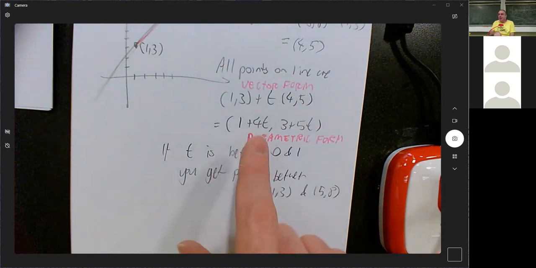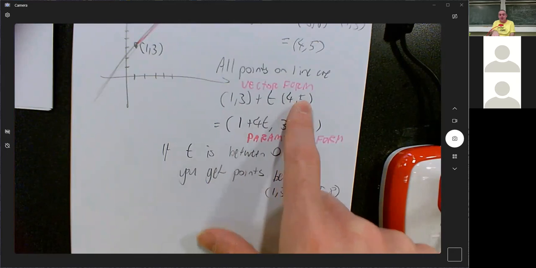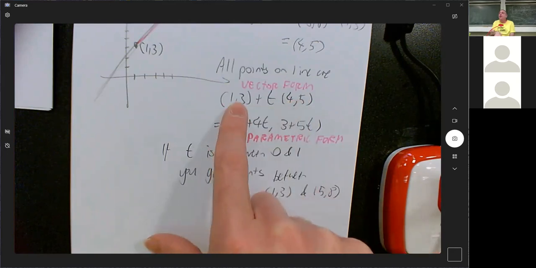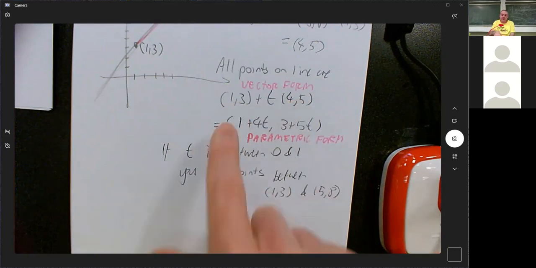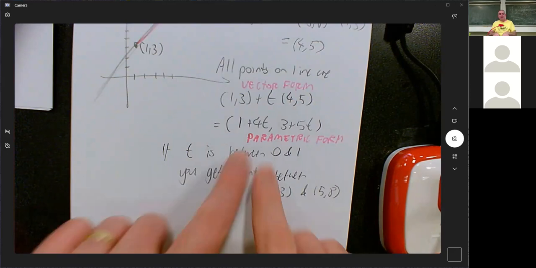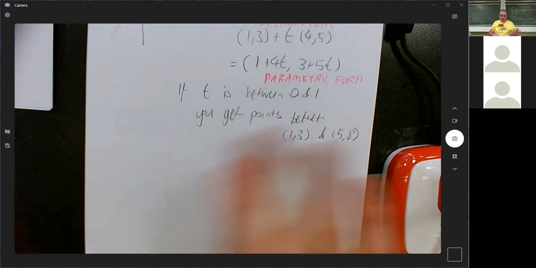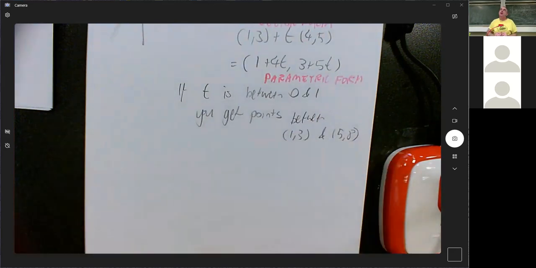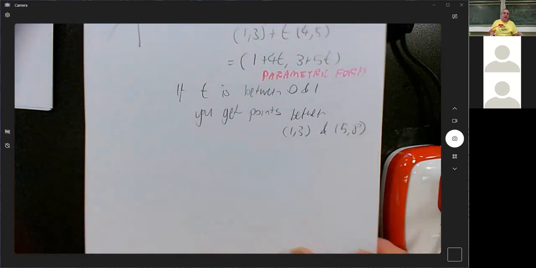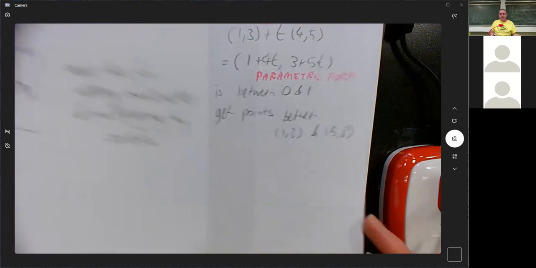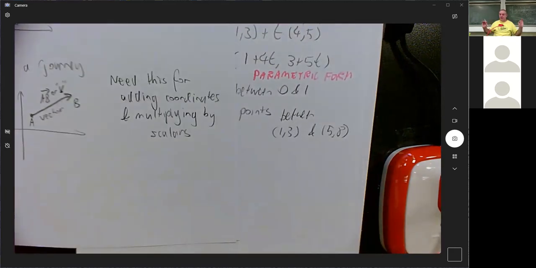I could figure out the slope from this, and I could figure out the something by subbing in the 1, 3 and seeing if it comes out to that. But there is another way, which is to rearrange this. So I just want to point that out, but for 3D. Okay, that's enough. Just going to let myself think for a moment.